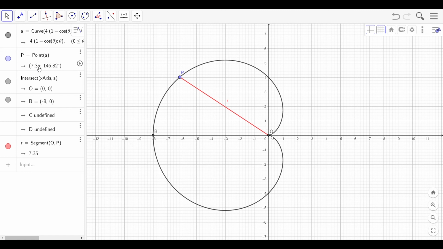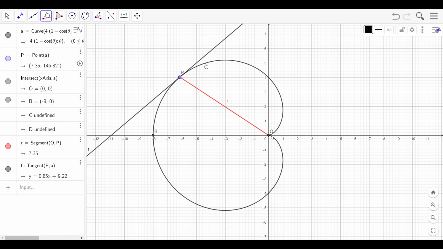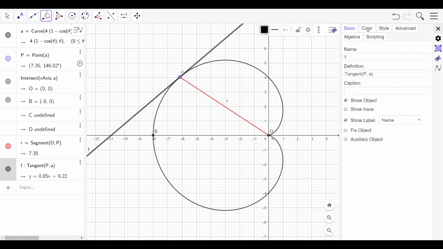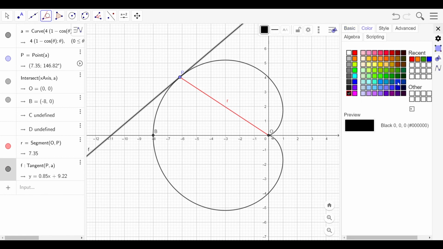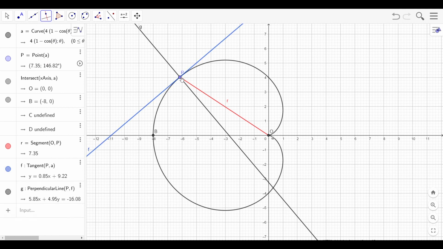You may measure that, or it is given here. And you consider the tangent at P, and the normal at P.